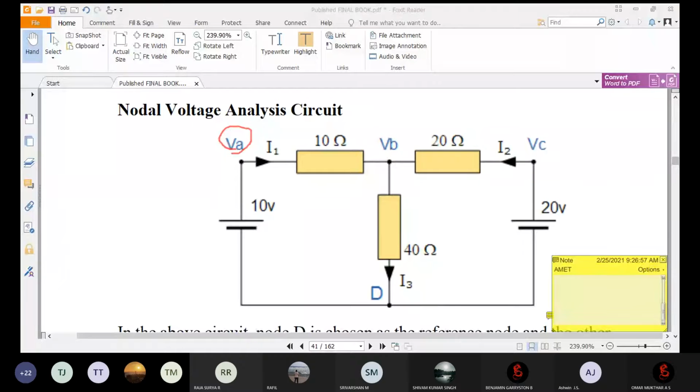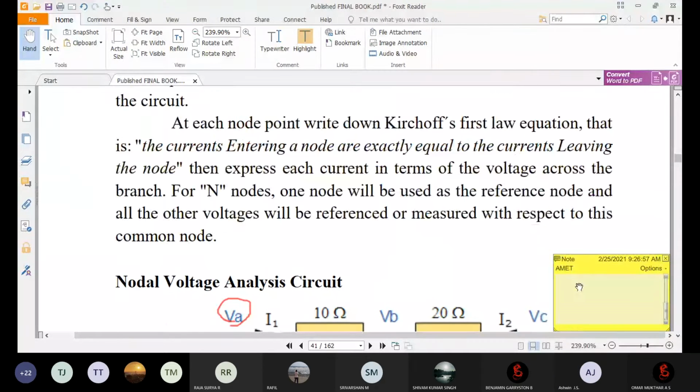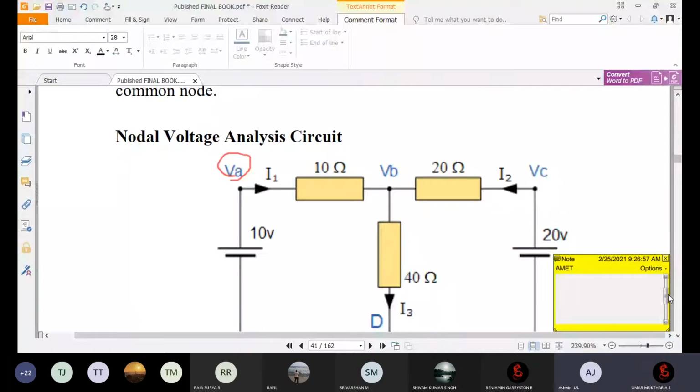Okay. Now the equation. Why is it going?